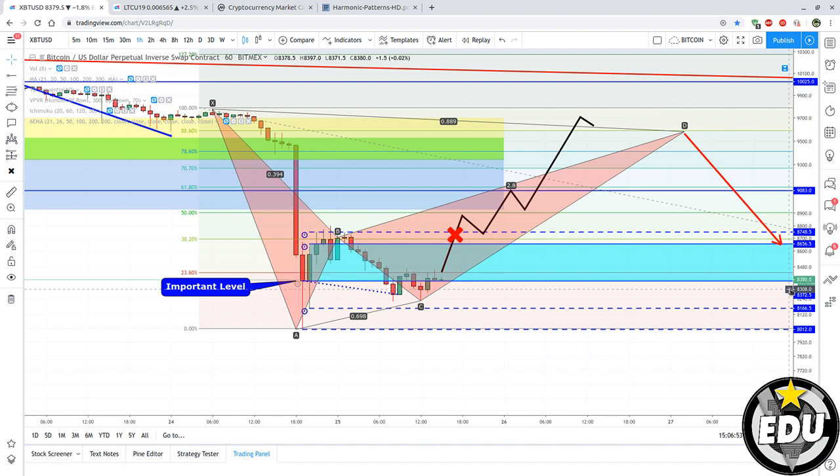When we see these dumps, the best thing to do is looking for, first of all, divergences, as I did, and for patterns, some kind of pattern that might help you, some kind of consolidation. It doesn't have to be this kind of harmonic, but it could be a triangle formation.